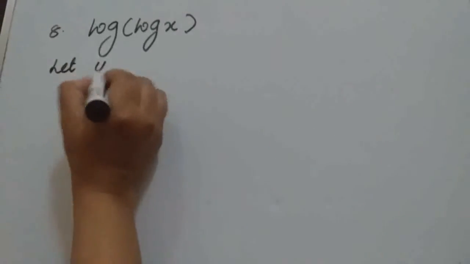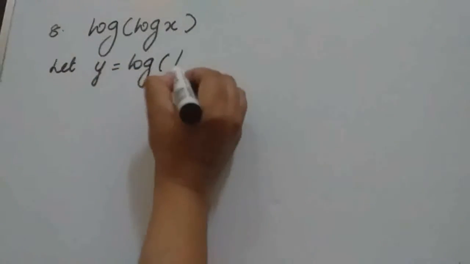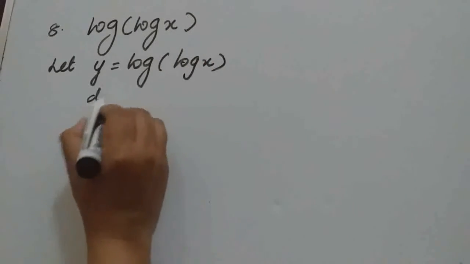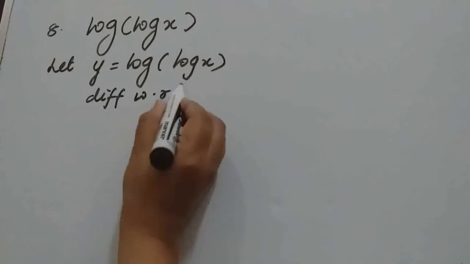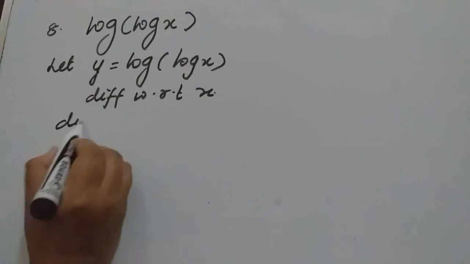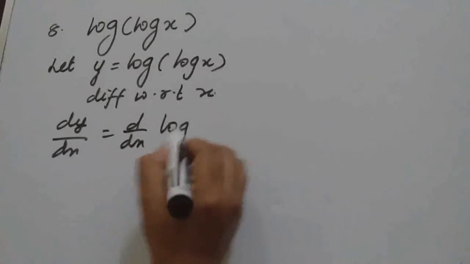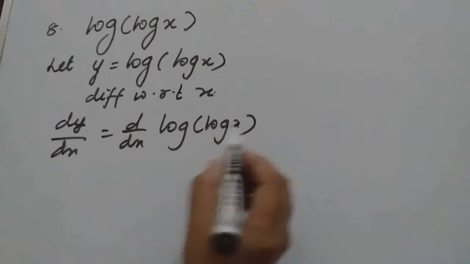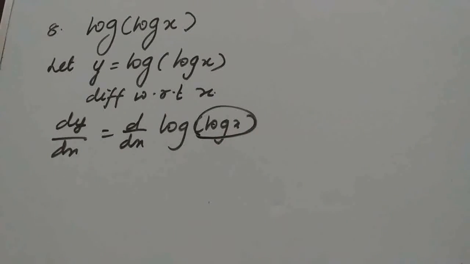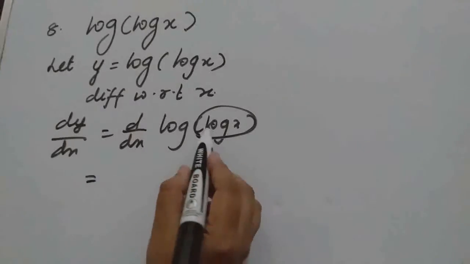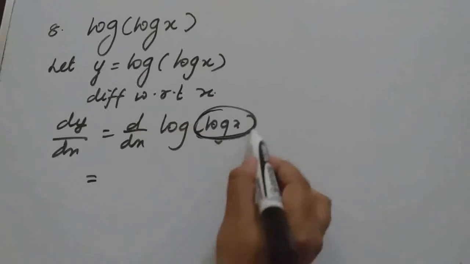Let y = log(log x). Differentiate with respect to x. So dy/dx will be d/dx of log(log x). Now we know the formula of log x: the derivative of log x is 1/x. So here, instead of x, log x is given.